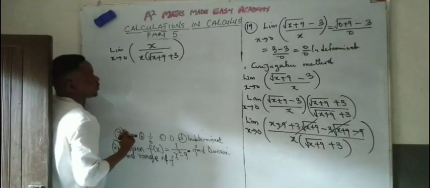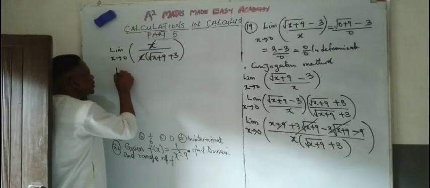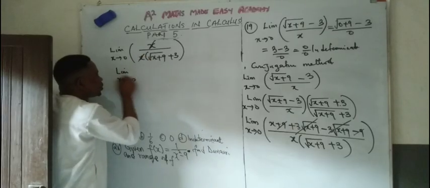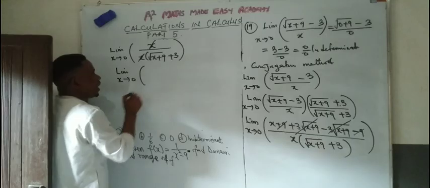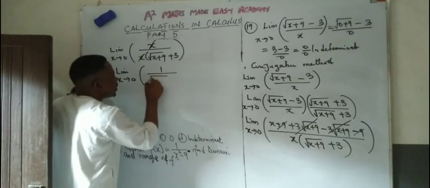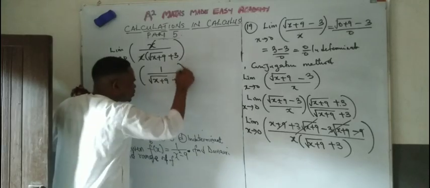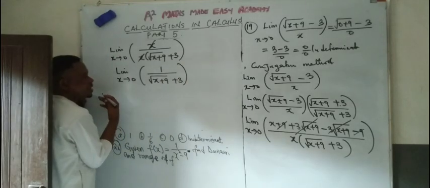Something is about to happen, right? This x down will cancel this x up. So it remains limit as x approaches 0, open the bracket, I'm left with 1 all over square root of x plus 9 plus 3, close the bracket. Finally, I can have the limit now. Are you with me now?